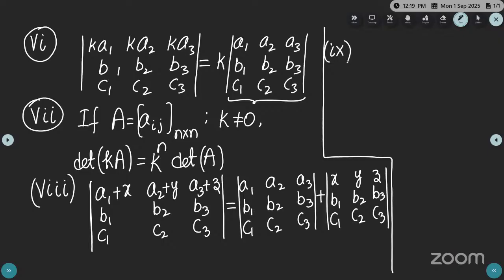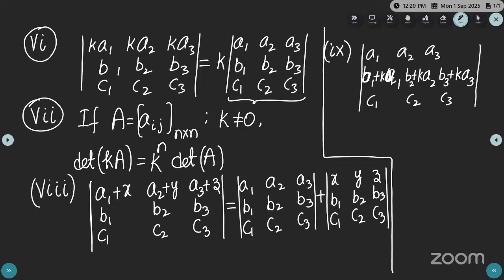See here, a1 a2 a3, b1 plus k a1, b2 plus k a2, b3 plus k a3, c1 c2 c3.